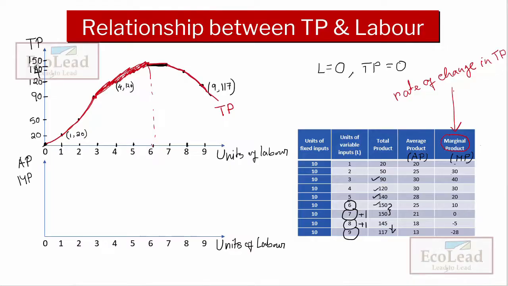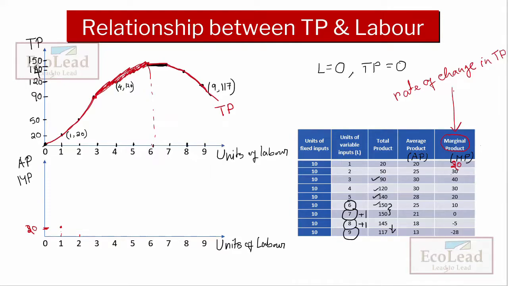Marginal product curve: for the 0th unit we cannot compute it, so marginal product will start from the first unit itself. When we consider the first unit, marginal product will be 20, because the contribution of the first labor is 20.